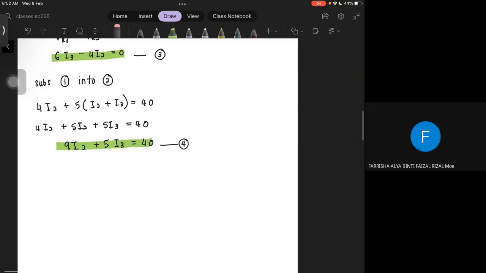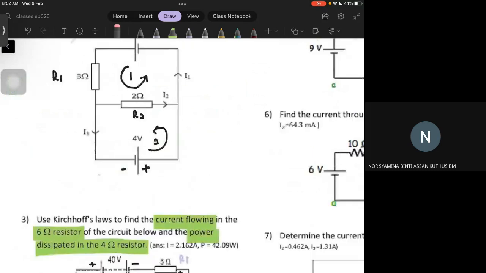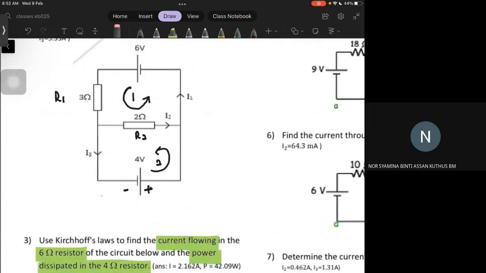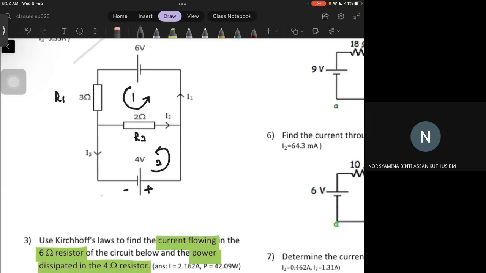Miss, VR2 tu macam dapat negatif tadi. Okay, sama macam soalan dekat sini. Soalan ni pun VR2 ni kita buat negatif. Kenapa kita buat negatif? Bila current flow, nampak tak current flow dekat sini? From here to here. So current that goes into any electrical component, dia adalah positive terminal.